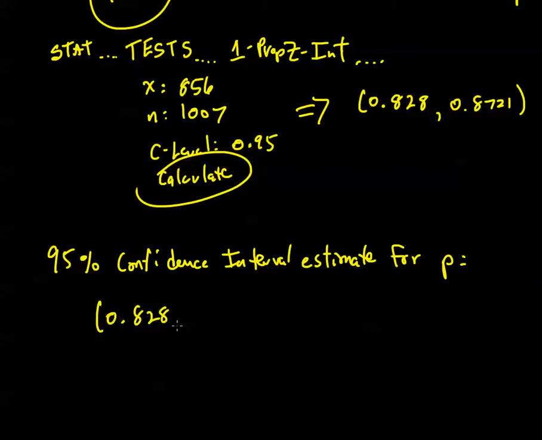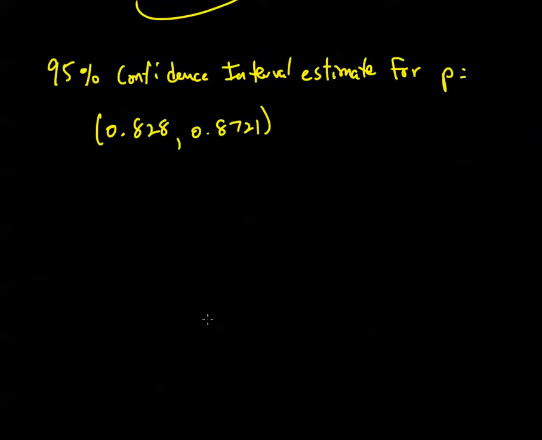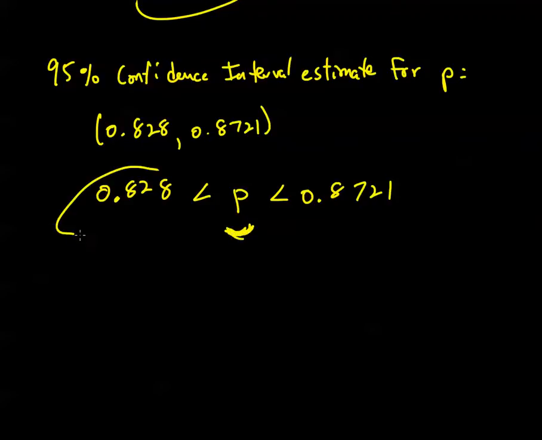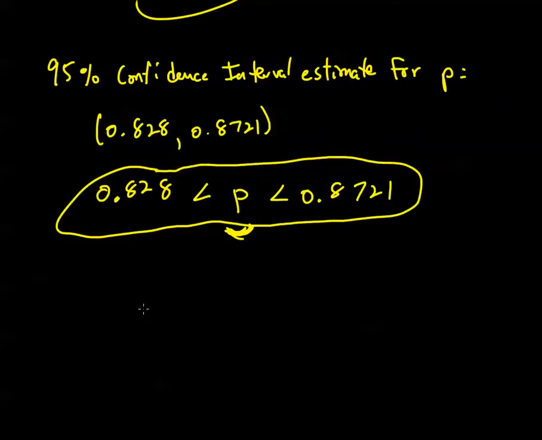I could specify my answer in interval notation. That's what the calculator outputs. I can also do it in inequality notation, and I think I like the inequality notation best. In further sections, we're going to be estimating different things, not just p. So this inequality notation is preferred on test day and certainly in the author solutions manual.